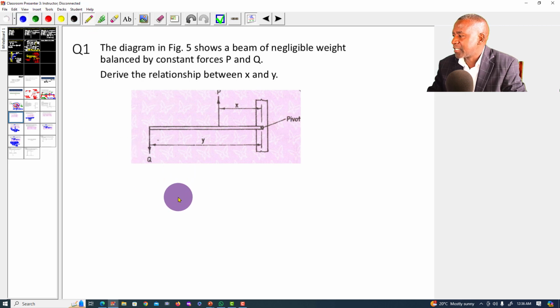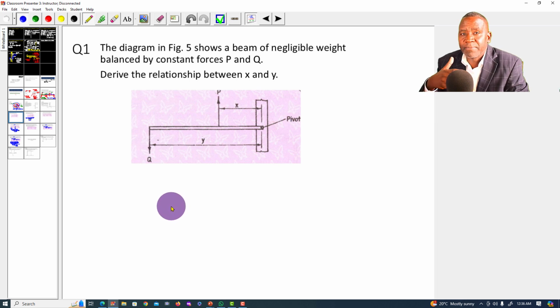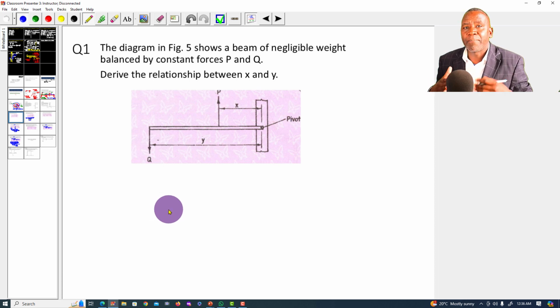Since it is in a state of balance, we can apply the principle of moments. When we apply the principle of moments, it's up to us to choose the point about which to take moments. You're supposed to decide the point about which to take moments.